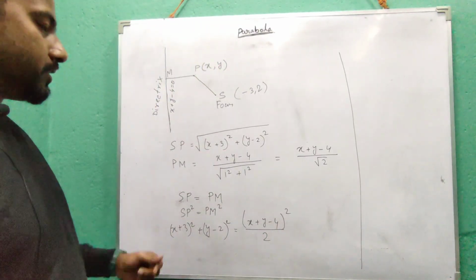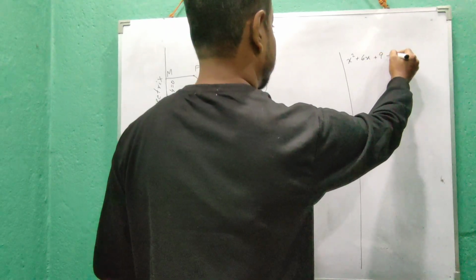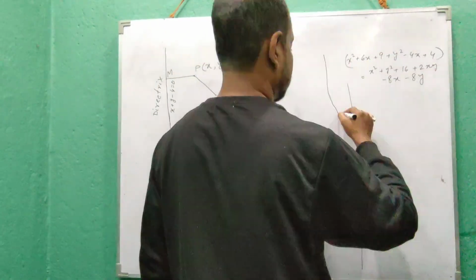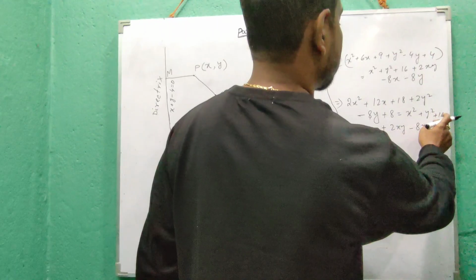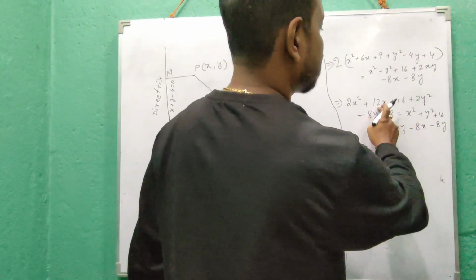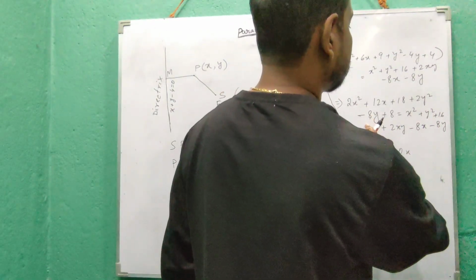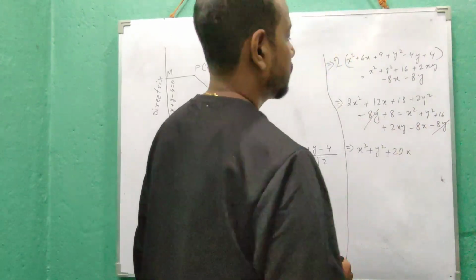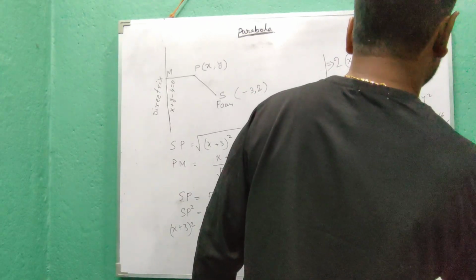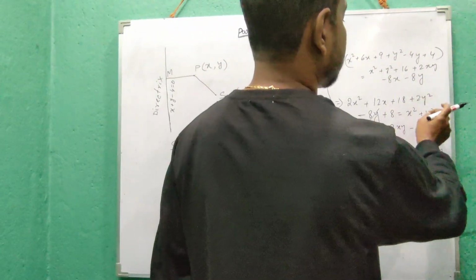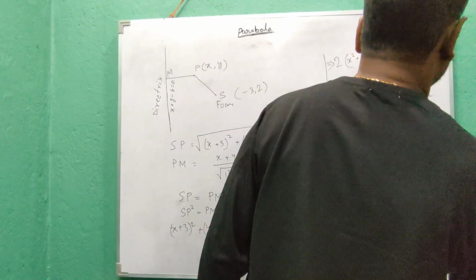By simplifying, x square plus 6x plus 9 plus y square, reduced by 2x square minus x square gives x square, 2y square minus y square gives y square, 12x plus 8x gives 20x, minus 8y cancelled out, and minus 2xy, and 18 plus 8 is 26 minus 16, that is 10.